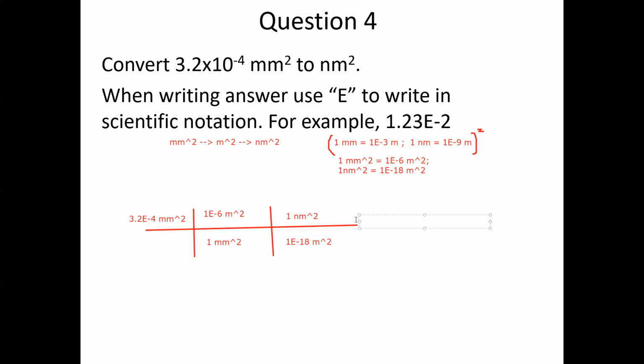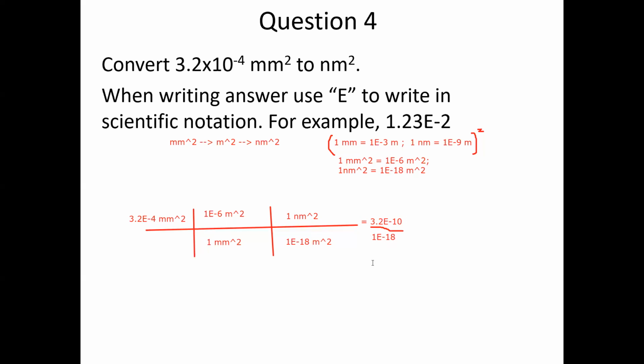So in our answer, the number will be the same. 10 to the negative 4 times 10 to the negative 6, we add exponents. We get 10 to the negative 10. And then we're going to divide that by 10 to the negative 18.